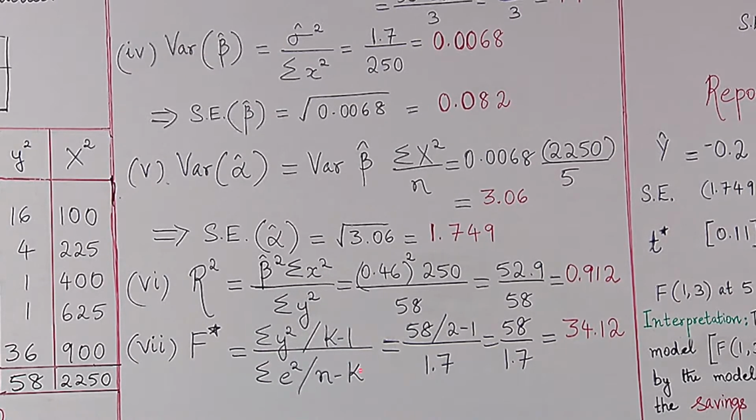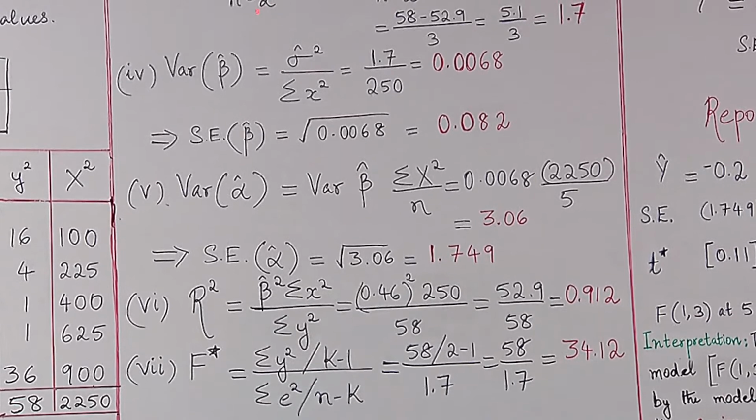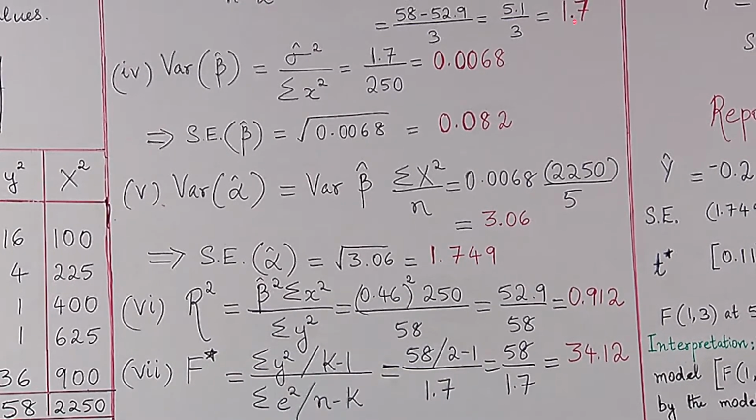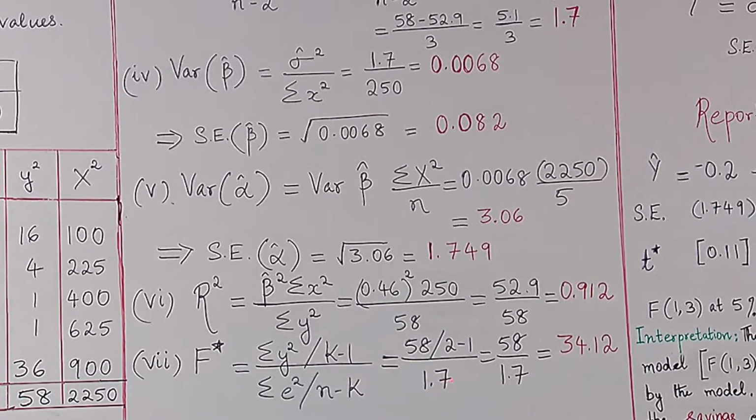The denominator is sigma e square by n minus k. If you look at the denominator, it is nothing but the variance of the error term, that is sigma hat square. So, we can utilize the answer 1.7 and substitute it here in the formula to get F star.